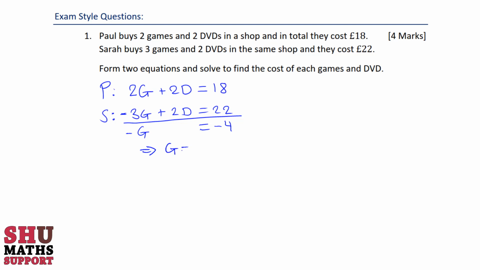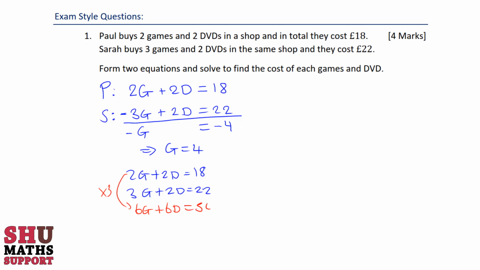So let's do the same thing to find d. If we have 2g plus 2d is equal to 18, and 3g plus 2d is equal to 22, the lowest common factor of 3 and 2 is 6. So we're going to times the first equation by 3, so that we get 6g plus 6d is equal to 54.